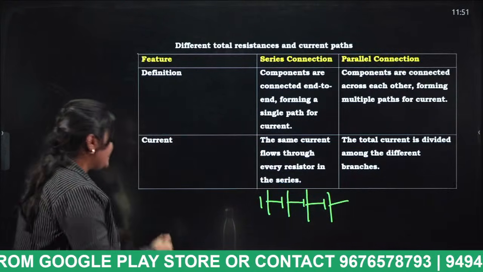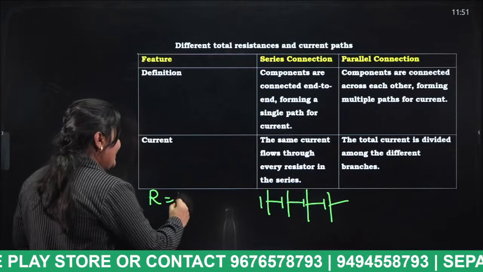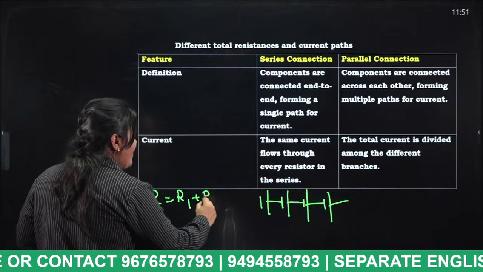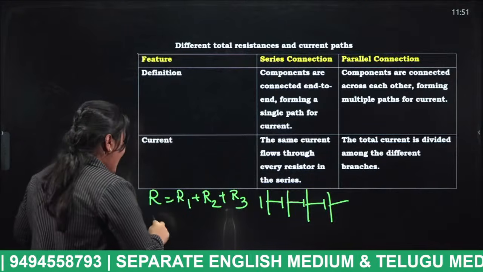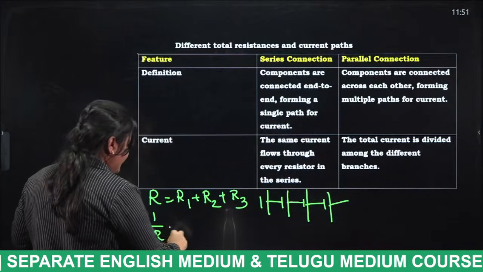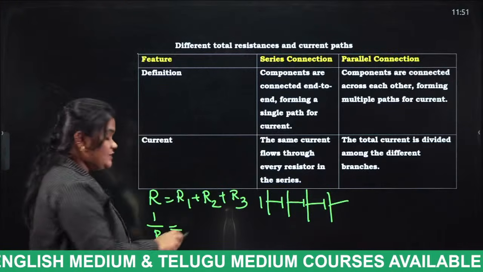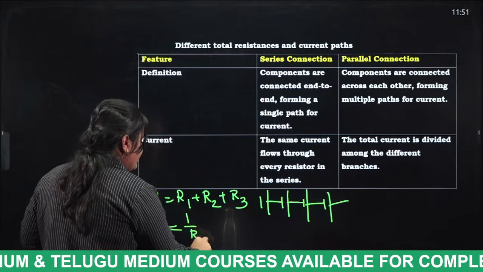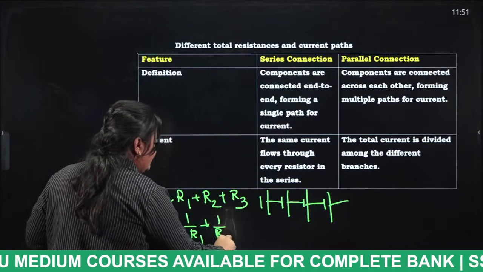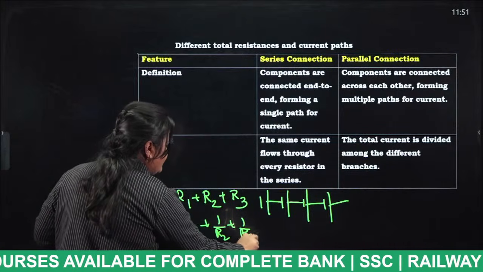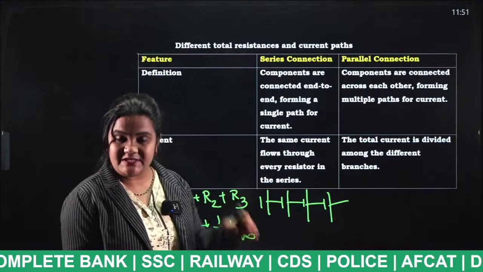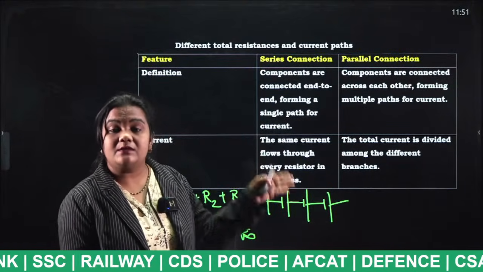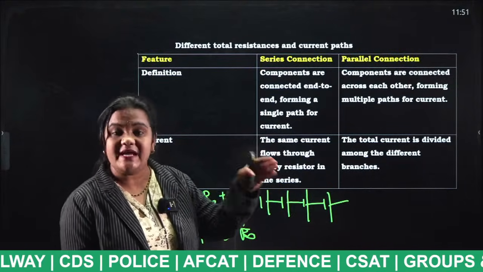In a series connection, the total resistance will be equal to the sum of the resistances of all the cells. And in a parallel connection, the resultant resistance will be like this. I think all know this. In a series connection, the total resultant resistance is the sum of the resistance at each and every point.